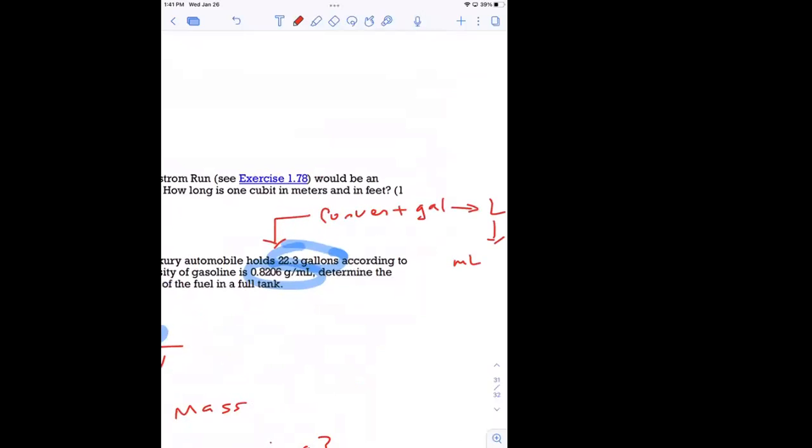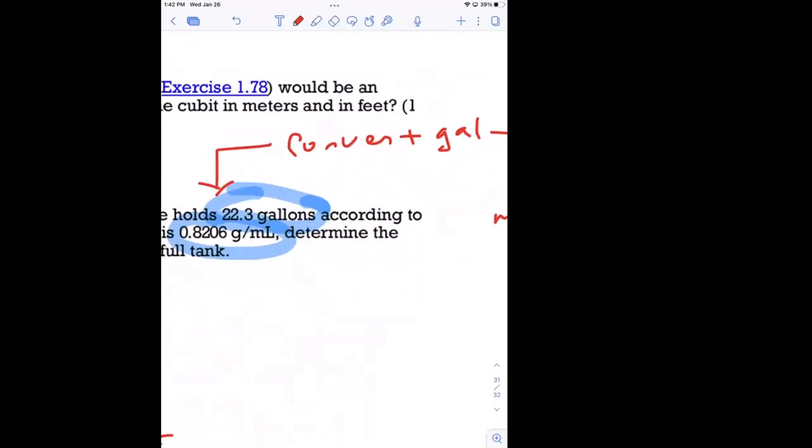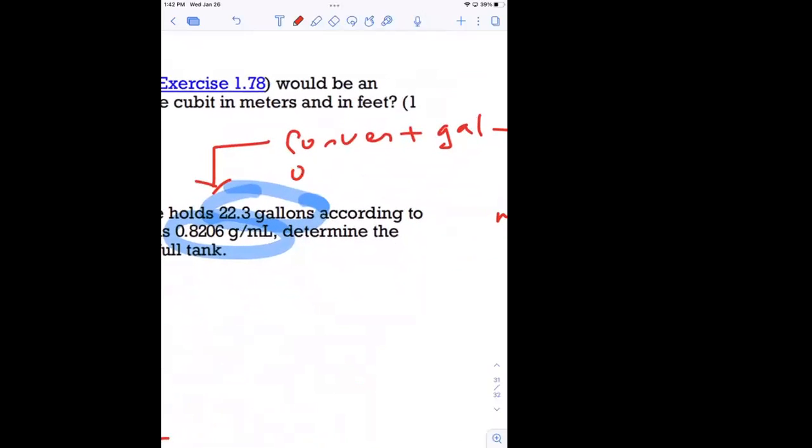Anybody remember that conversion factor for gallons to liters? 0.264 gallons. So you said 0.264 gallons in every liter. Is that right?